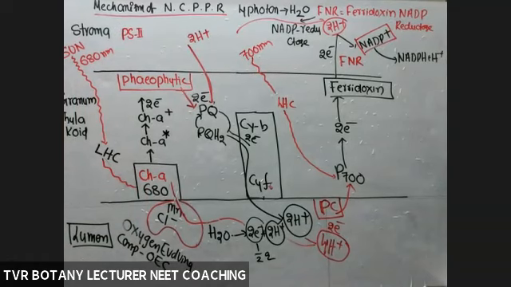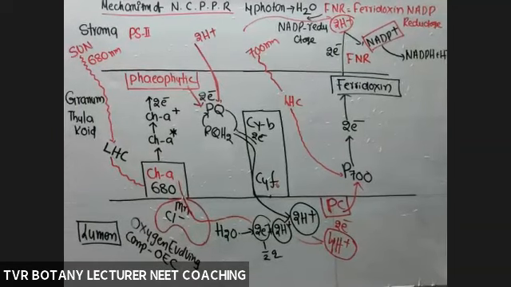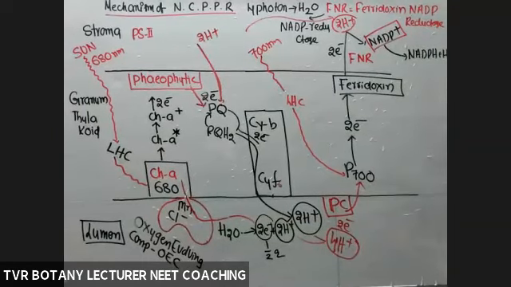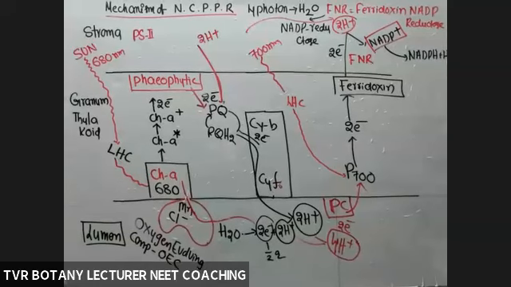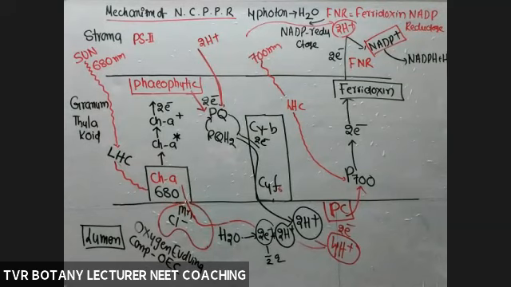What type of photosystem? That is PS2, by absorbing what type of wavelength of light? Red light with shorter wavelength of red light, that is 680 nanometers.